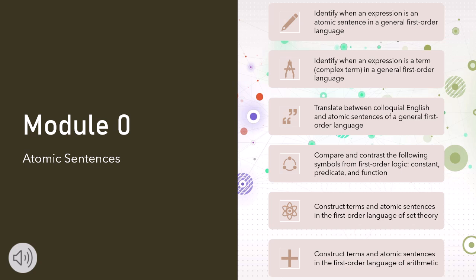And that'll also have some bearing on how we translate between colloquial English and atomic sentences of a general first order language. Now, typically, one direction is really straightforward. Going from the first order language, the very precise language, back to English is typically pretty straightforward. You just look at the interpretation and write it out in regular old English.